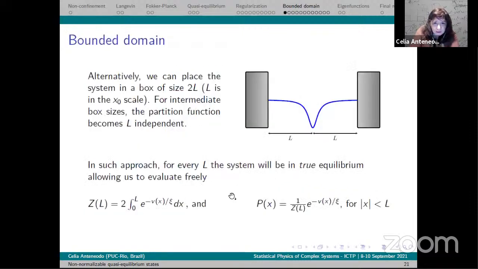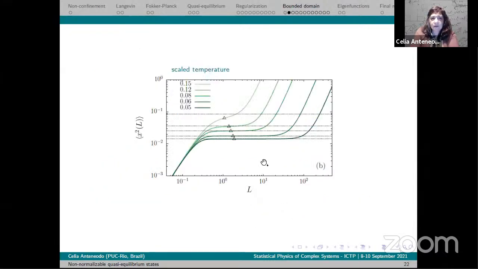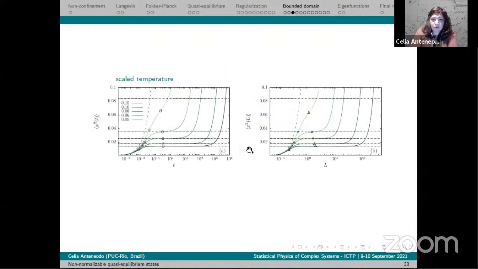And so we can calculate this probability and obtain now the averages as a function of L. You see that we obtain plots that resemble the plots that we obtained as a function of time. Also, the approximation will be better for lower values of the relative temperature.